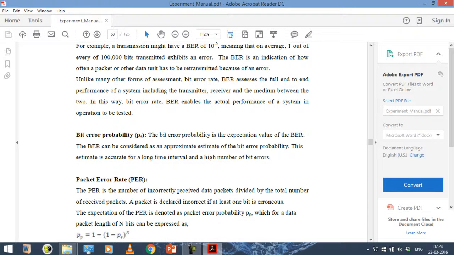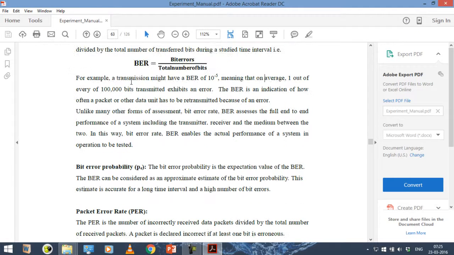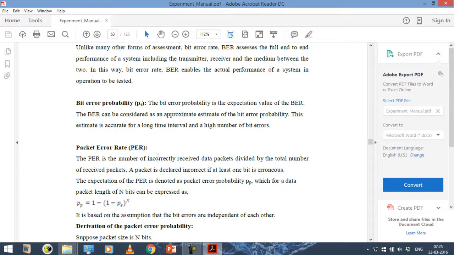Now let's go to the packet error. Packet error is the number of incorrectly received data packets divided by the total number of received packets. We can derive the formula of this probability from the bit error probability, which is nothing but the expectation value of the bit error rate. Let's label the packet error as PER, and P is the bit error probability.